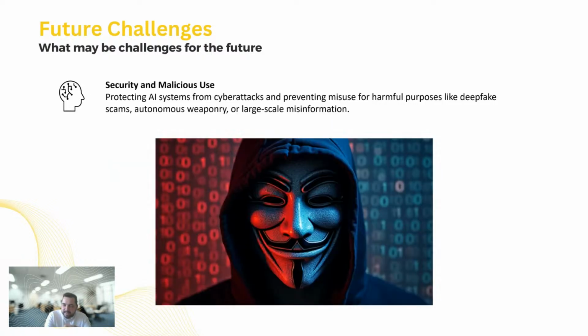Another case, and a bit obvious, is security and malicious use. So AI, as you can see, is really powerful. I guess a big part of us uses ChatGPT. A big part of us has made our life absolutely easier with a lot of AI applications, but they can be used also for bad behaviors, for malicious use.